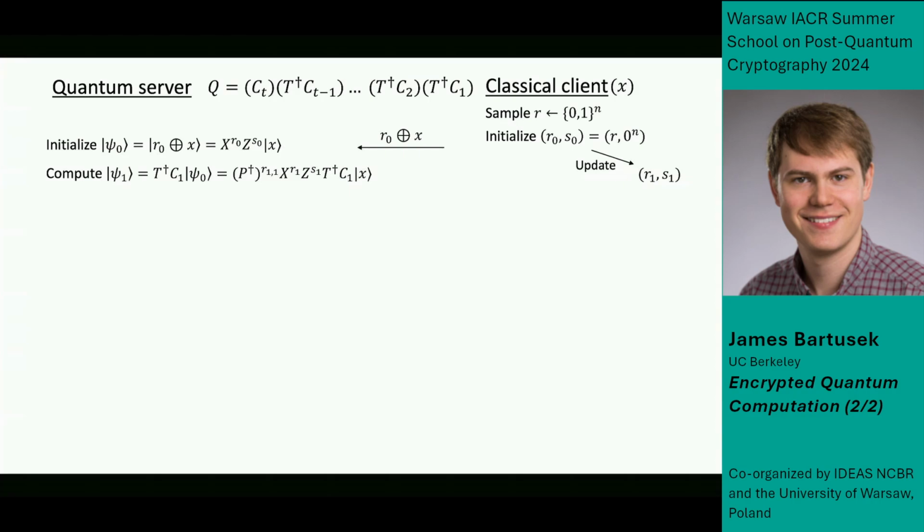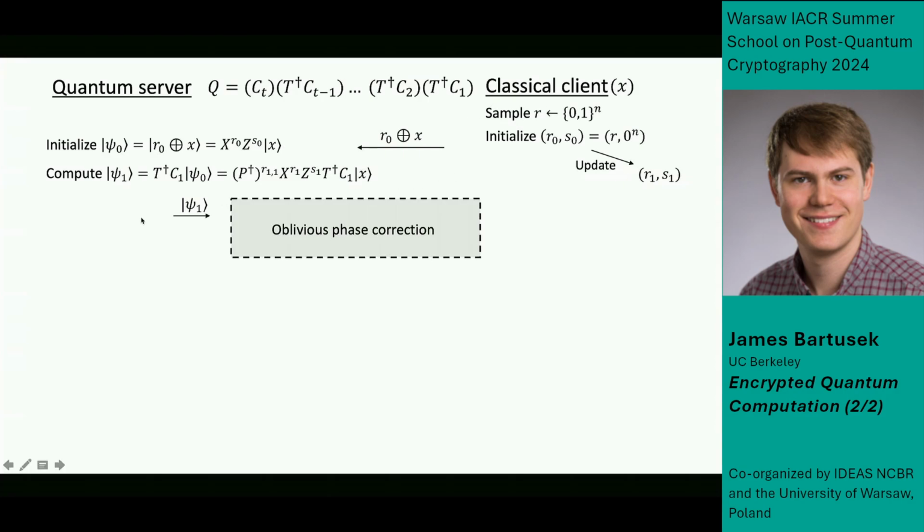And now we do this oblivious phase correction, right? And we can open up this black box a little bit now, because we've seen how to do it essentially. What we've seen is that the server wants to apply this oblivious phase correction to their state psi1, and the client's input is R1.